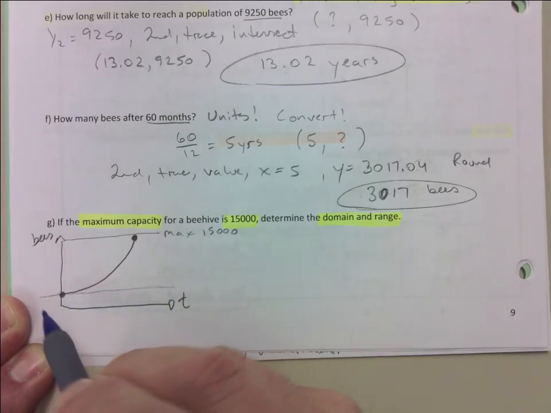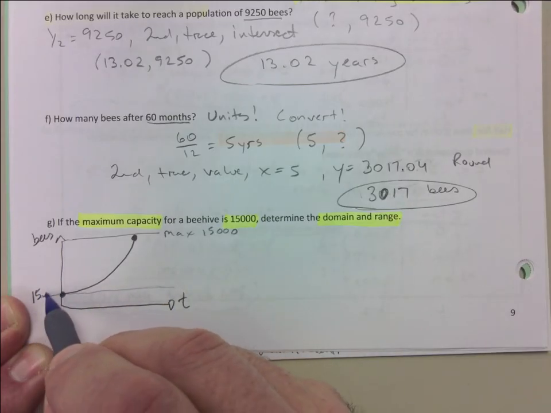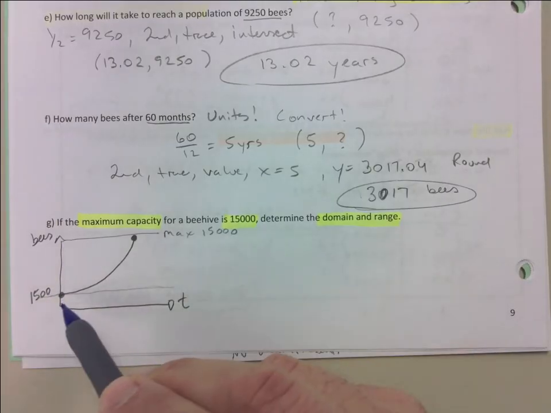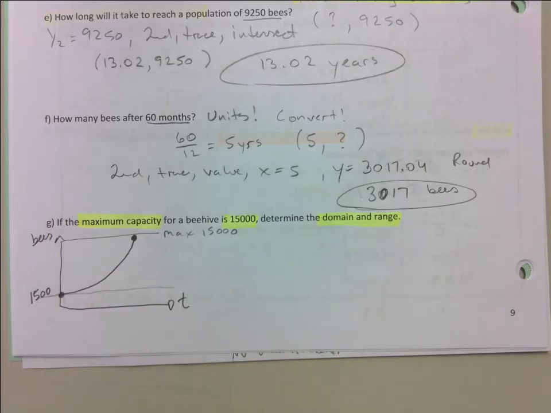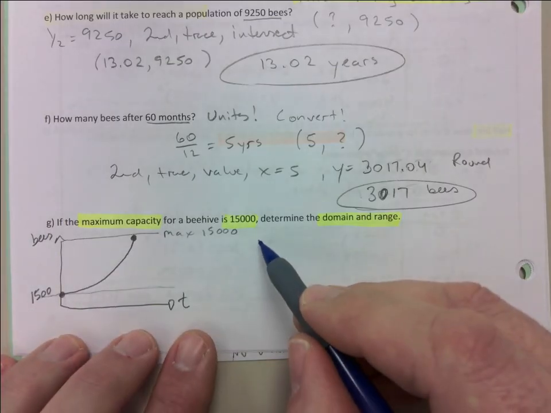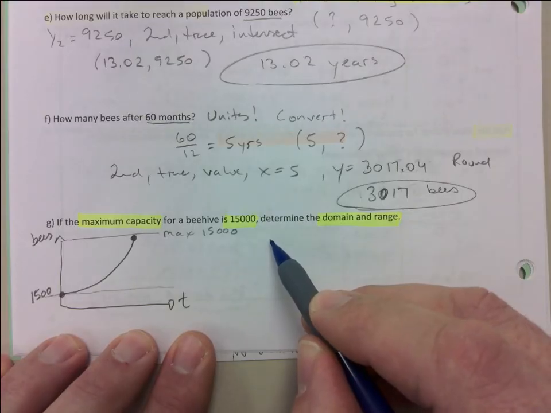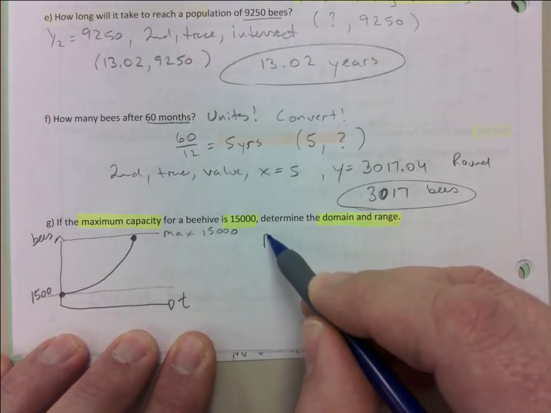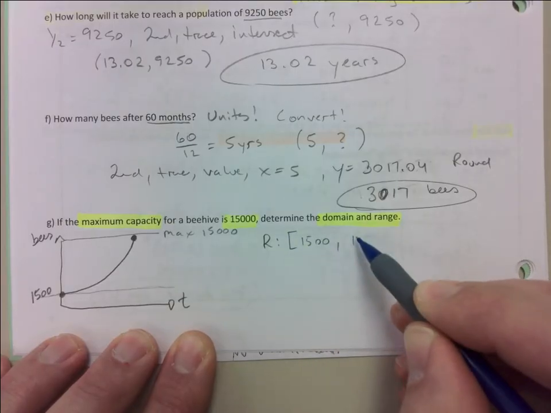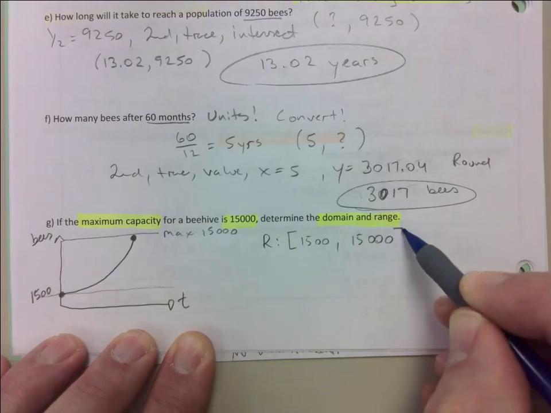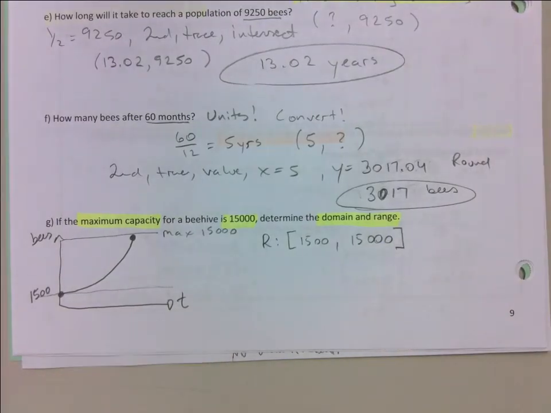Like how much did I start with? 1500. So for my range, I have to stay between 1500 and 15,000. Does that make sense? Range is 1500 to 15,000. That's the easiest one in my opinion right now.